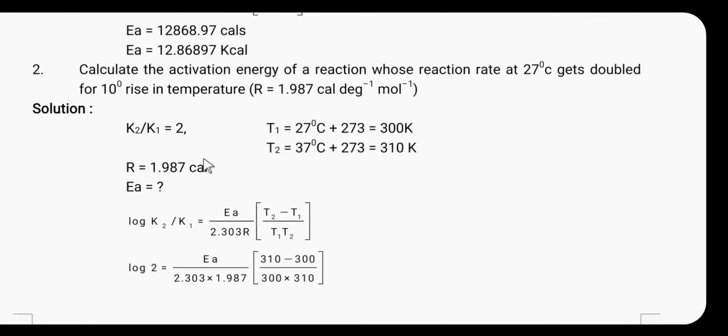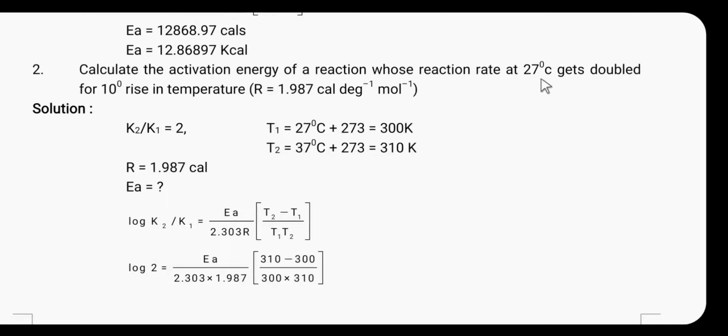Then let us consider the second numerical. Calculate the activation energy of a reaction whose reaction rate at 27 degrees Celsius gets doubled for a 10 degrees Celsius rise in the temperature, and R is given as 1.987 calorie per degree per mole. So, here in this problem the values of the velocity constants are not given, but T1 and T2 are given.